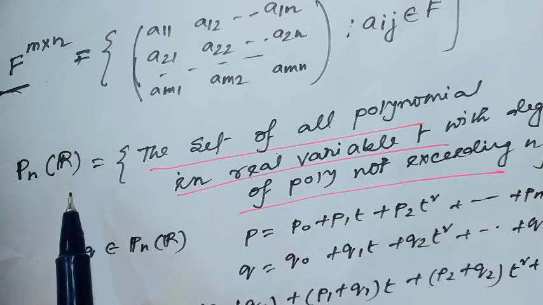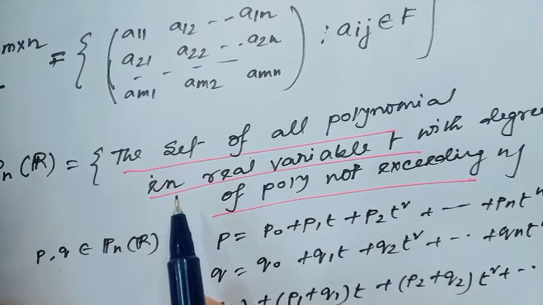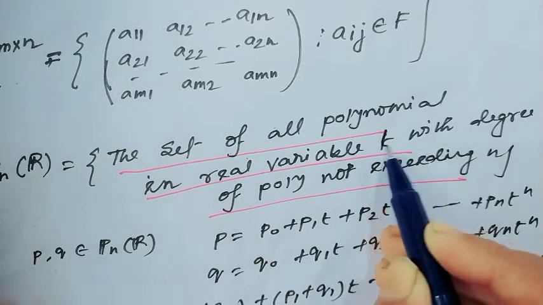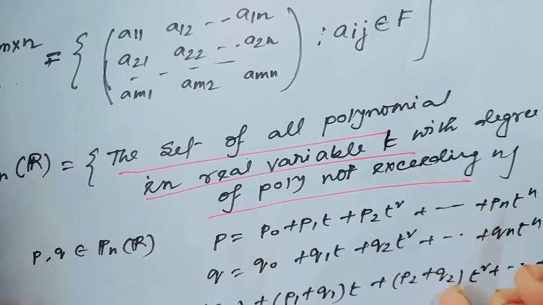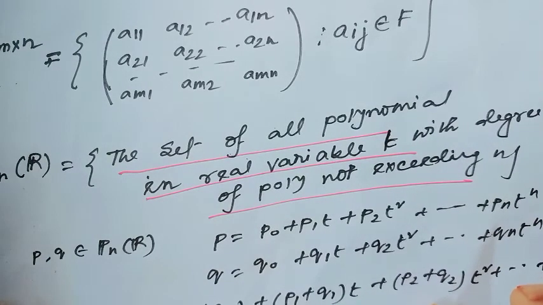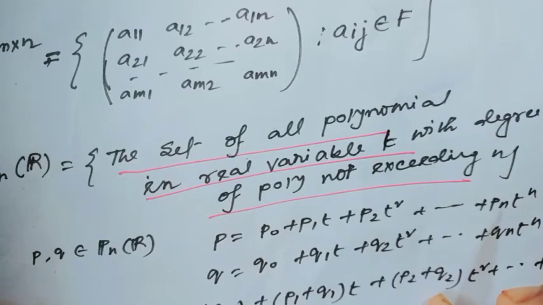Next example, P_n(R), which is equal to the set of all polynomials in the real variable t with degree of polynomial not exceeding n. This is an easy type of example. This is also a vector space.